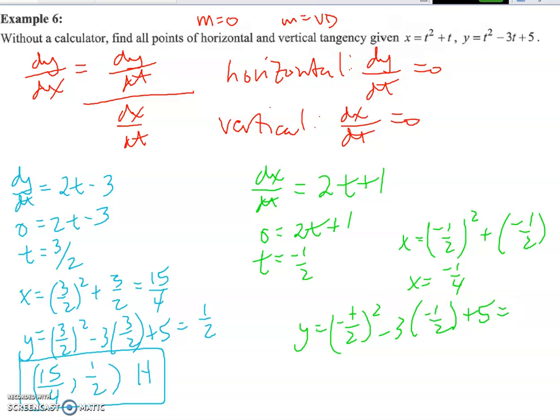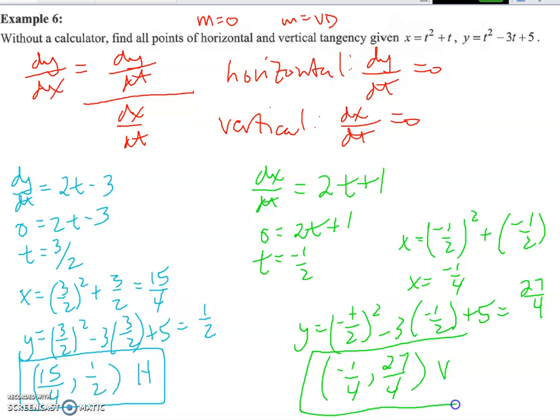If we do that math, we're going to get 27 over 4. And remember that we need to write that as an ordered pair. So I've got negative 1 over 4, comma, 27 over 4. And so that will be my point for the vertical tangent.